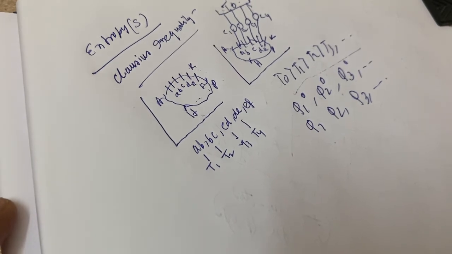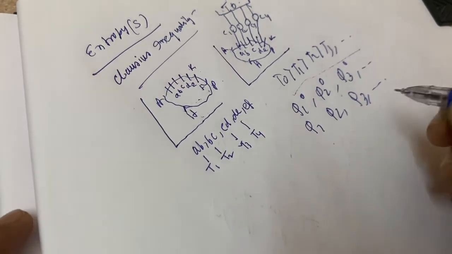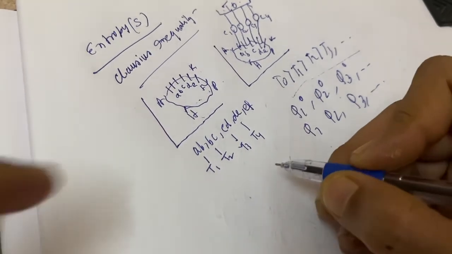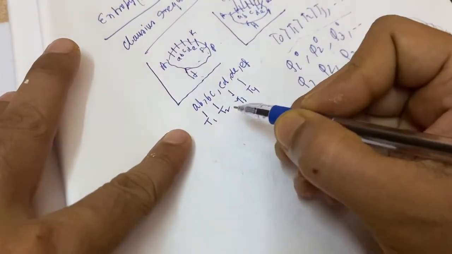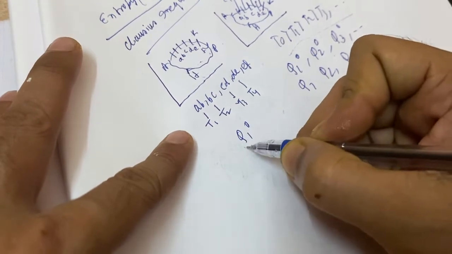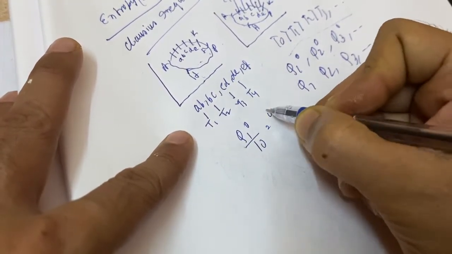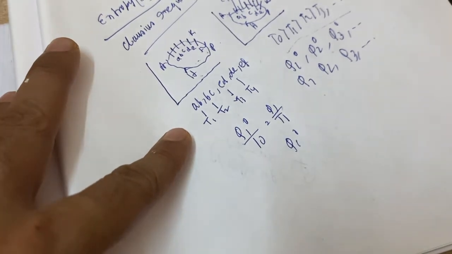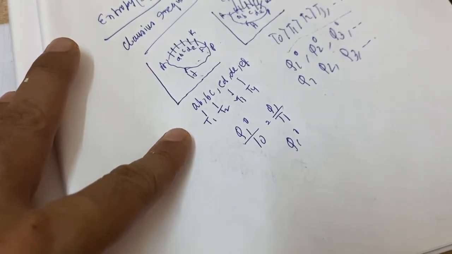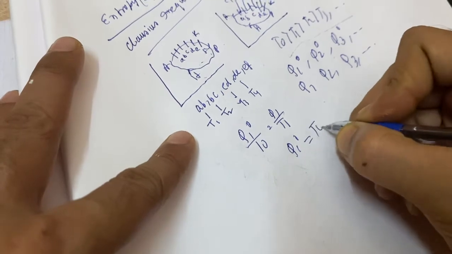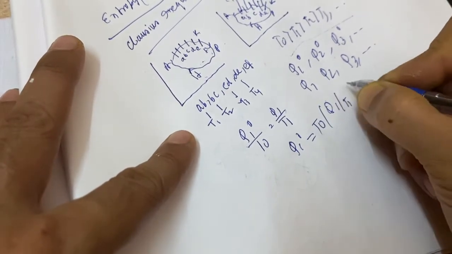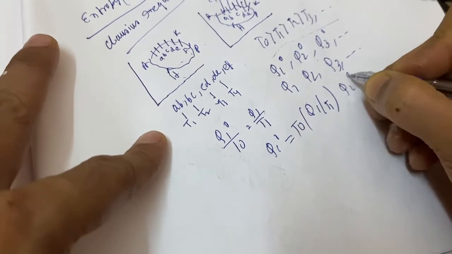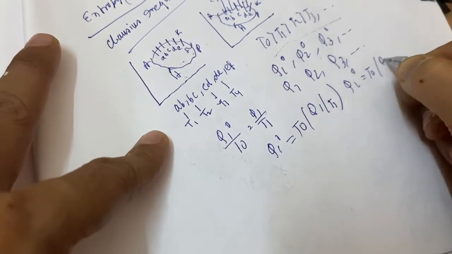According to the Carnot cycle, we know Q10 by T0 equals Q1 by T1. That means Q10 equals T0 Q1 by T1. Similarly, Q20 equals T0 Q2 by T2.